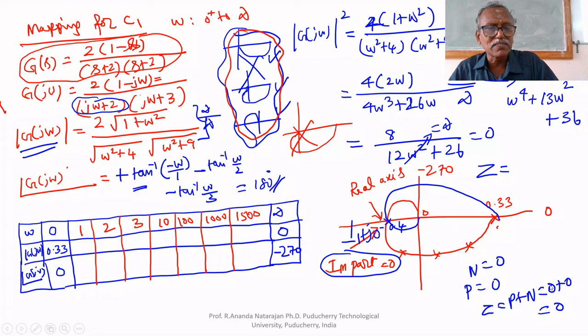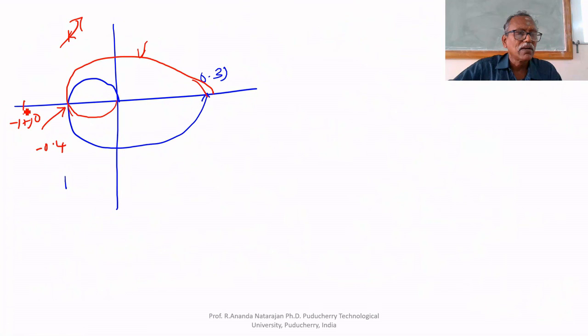That's why as K increases, this point will move to minus 1. Minus 0.4 will come here as K increases. How much K we have to increase? Minus 0.4 is for K equal to 2, not K equal to 1.